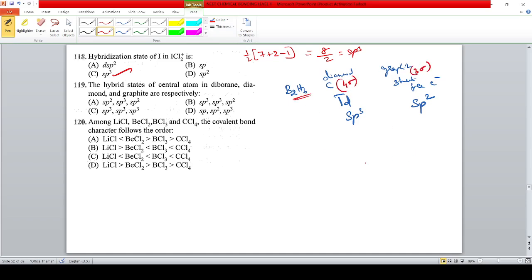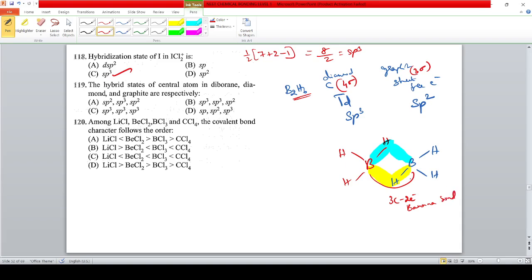Coming to B2H6. Look here. This is BH3 and this is another BH3. These two electrons are shifted here also. Similarly, these two electrons are shifted here also. You might have studied this. This is called 3-centered 2-electron bond or banana bond.